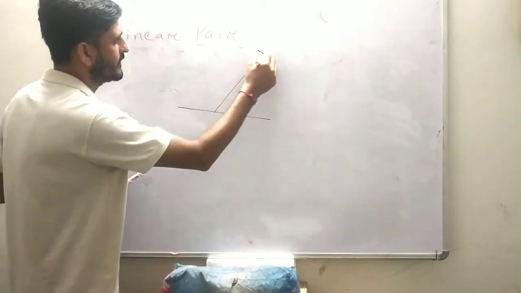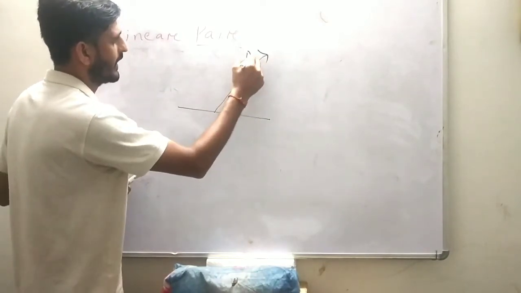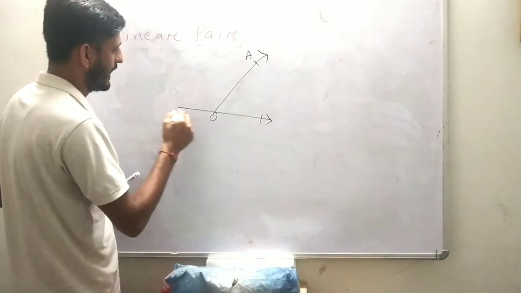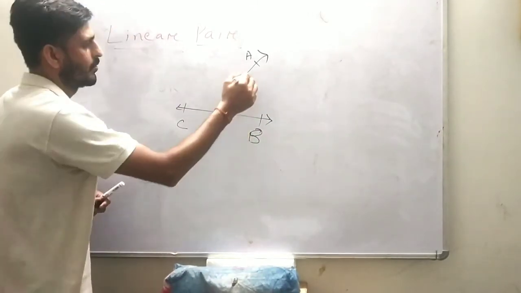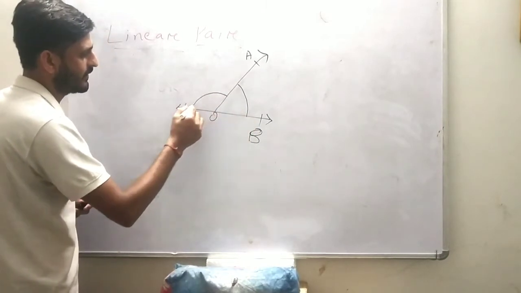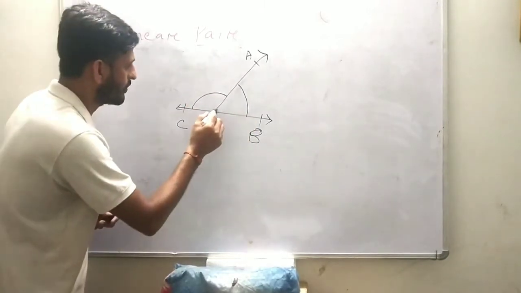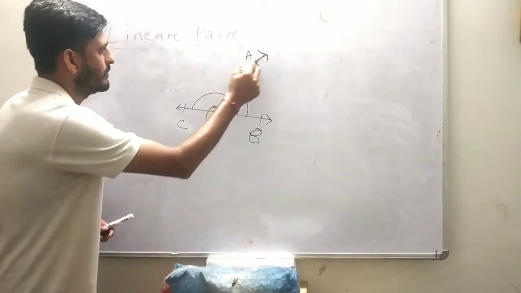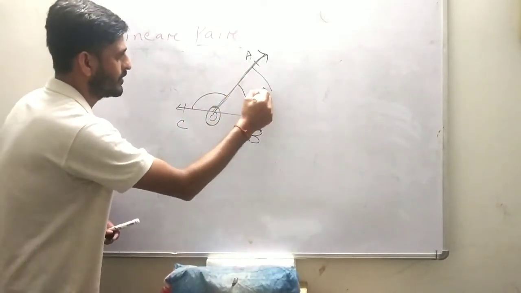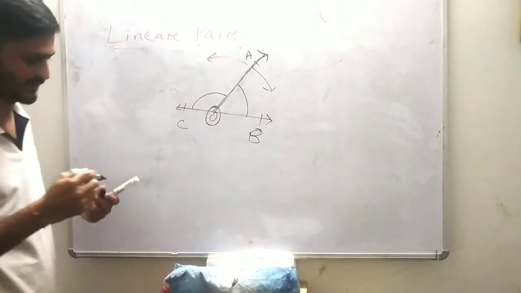This is one angle, AOB, and this is C. One angle is AOB, another angle is AOC. See, one common vertex, a common arm, and two non-common arms. One is in this direction, one is in this direction.